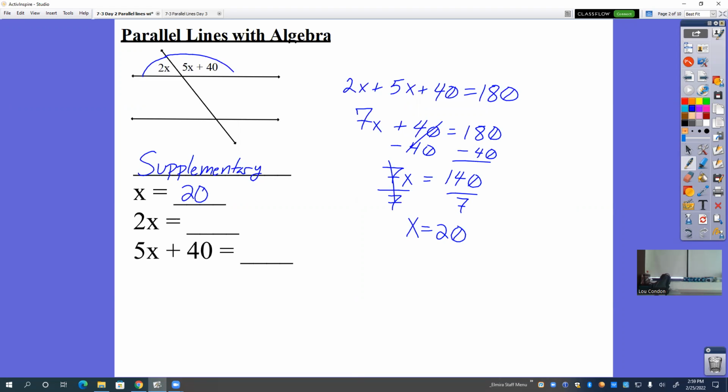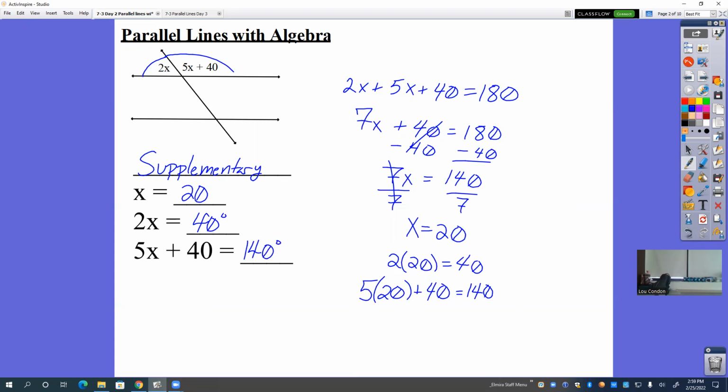And then if x equals 20, 2 times 20 equals 40. And then 5 times 20 plus 40. 5 times 20 is 100, plus 40 is 140.